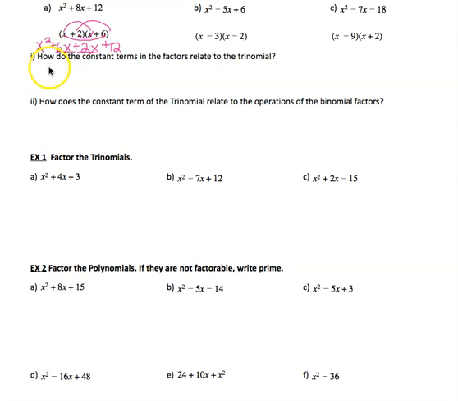So how do the constants of factors relate to the constant of the trinomial?